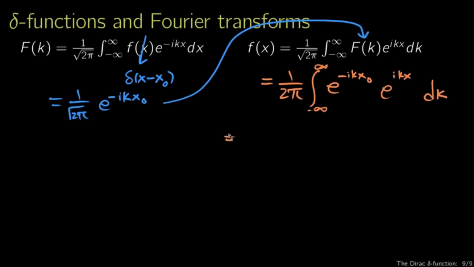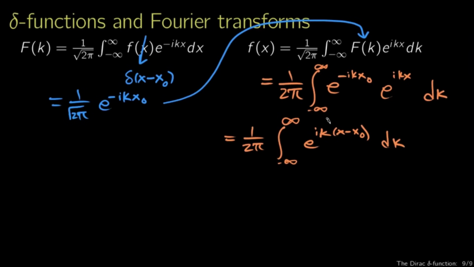So if I re-express this, 1 over 2 pi integral minus infinity to infinity, that's really ugly infinity. I've always had problems with infinities. e to the i, and then I'll write this as k times (x minus x naught), integral dk. As a function of k, x and x naught are constants in this integral since it's an integral over dk.